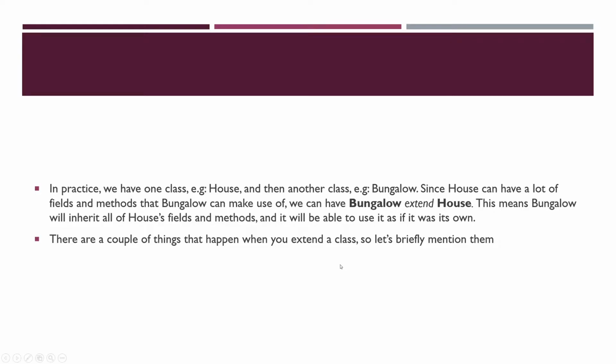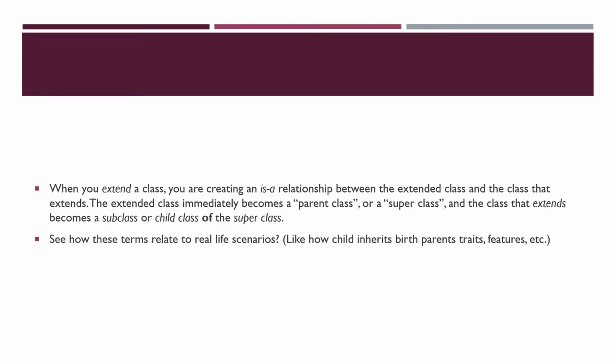Now, there are a couple things that happen when you do extend the class. So let's briefly mention them, and then we're going to go on to an example. So when you extend a class, now remember, extending a class just means to inherit all the fields and methods from that class. Okay, when you extend the class, you're creating an is-a relationship between them. Okay, between the extended class and the class that is extending it.